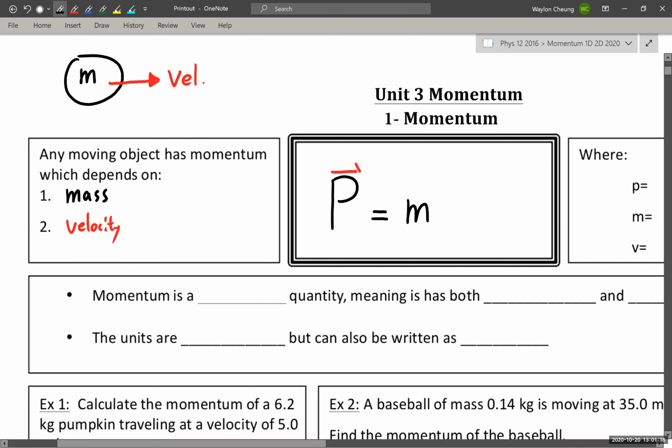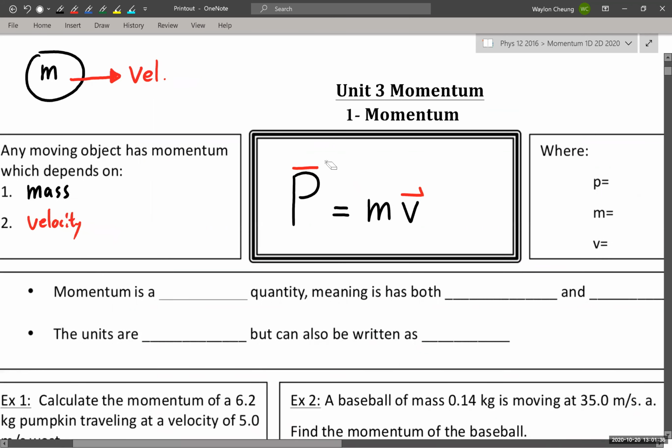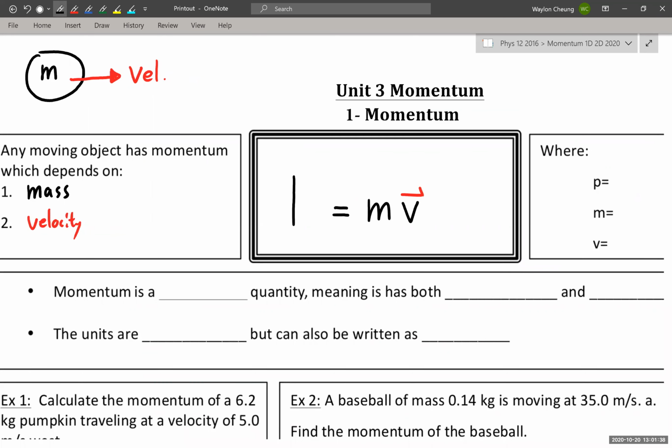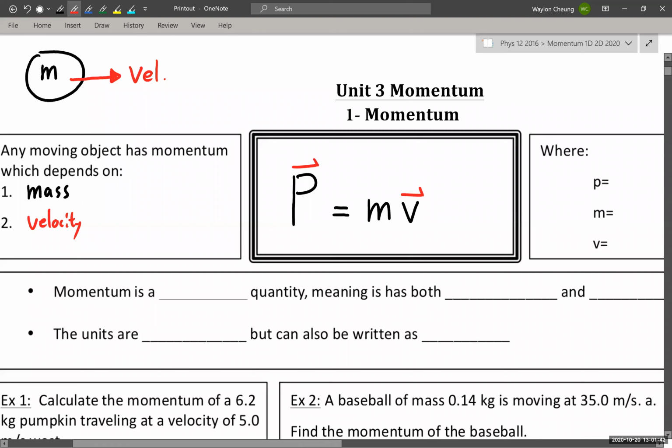So if we use M, it will be very confusing. It will be like M equal to M times V. So the momentum is defined as the product between an object's mass multiplied by how fast it's going. Mass doesn't have a direction, but velocity does. So momentum also has a direction, the same direction as the velocity that you're going at.